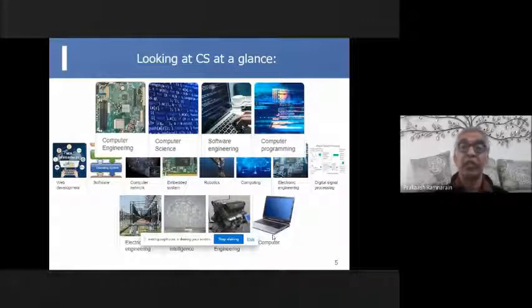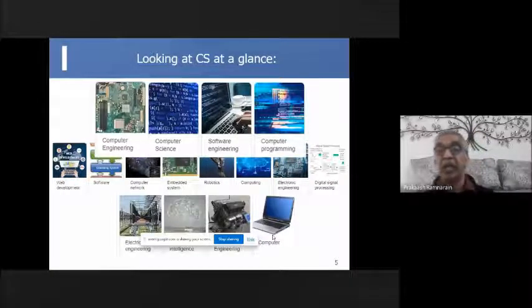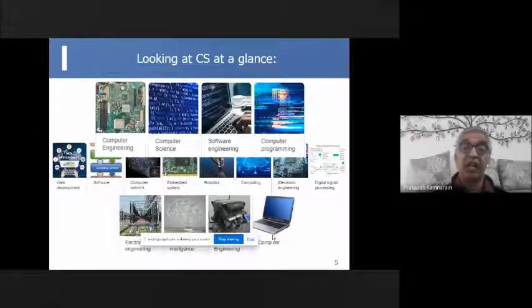So we're looking at computer engineering, computer science itself, software engineering, computer programming, web development, a software developer, a computer networker, an embedded system engineer, robotics, computing, electronic engineering, digital signal processing, and other things like electrical engineering, artificial intelligence, as well as mechanical engineering, looking at the computer itself as well.